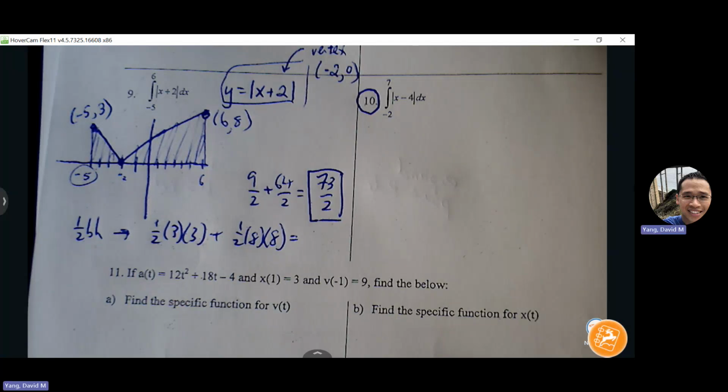So figure out what the graph looks like, figure out where the vertex is, draw your graph, extend your graph to the ends, and then you can plug the ends into the function and get the y values. The y value will be your height.